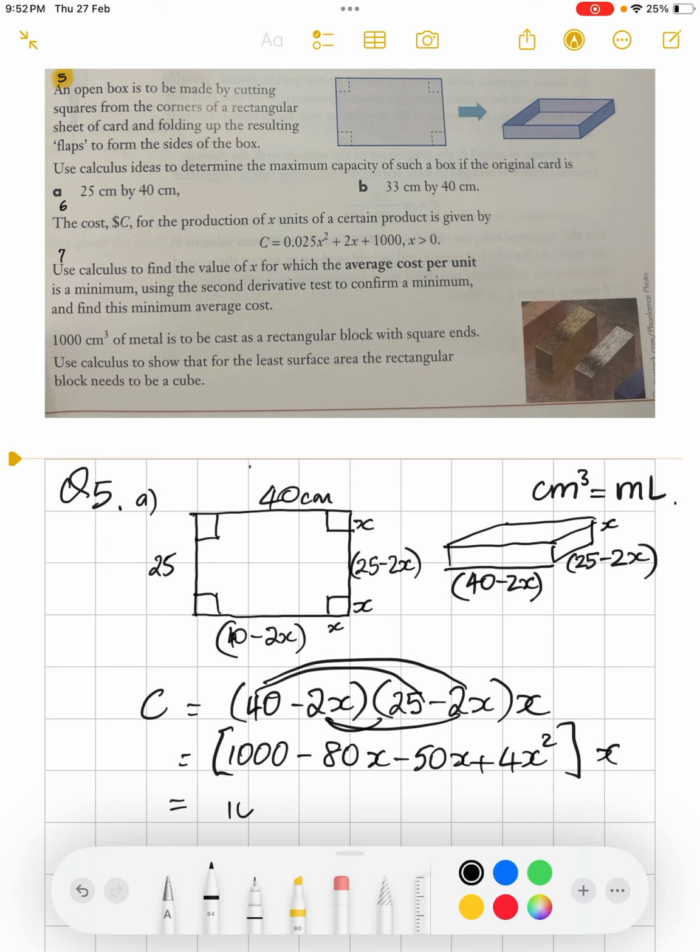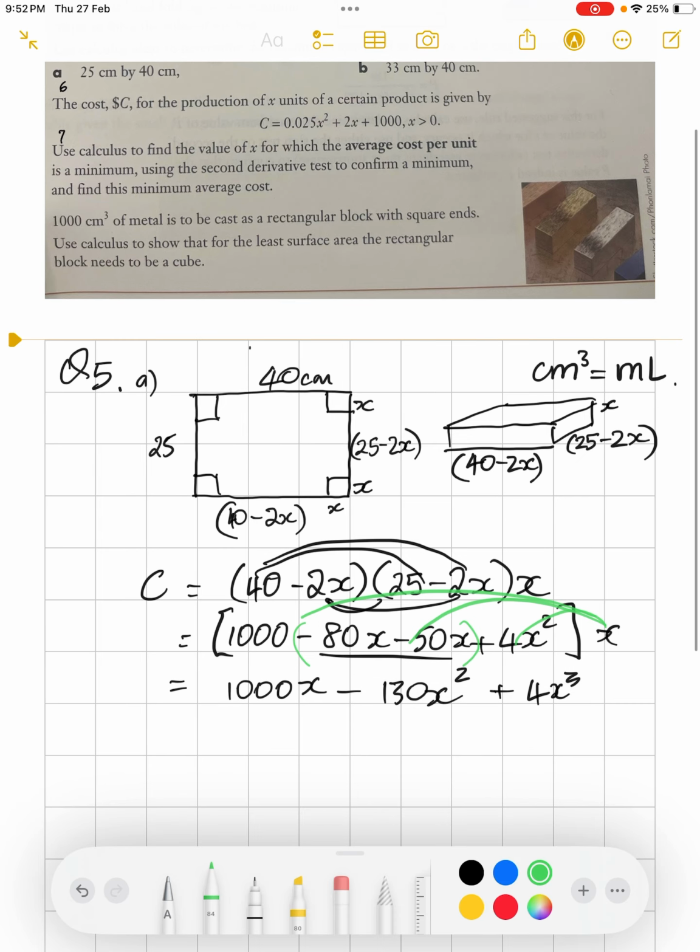So we've got 1000x minus 130x squared, and plus 4x cubed. What we've done is multiplied the x times each of those. And we want to get the derivative, dC/dx, and let it equal 0, and solve that.